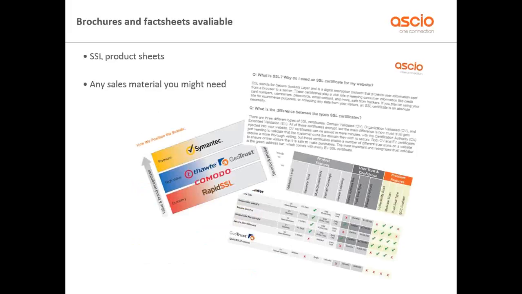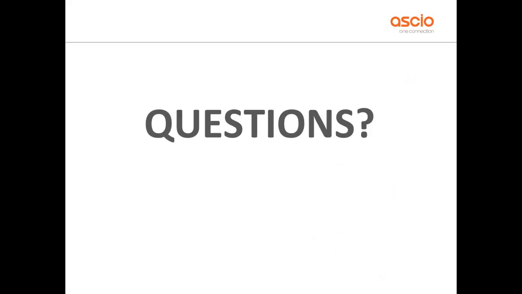We have a repository with SSL product sheets that explains all the details about each different SSL certificate. We will also provide any sales material you might need, white label, product sheets, etc. So that will be all from me.